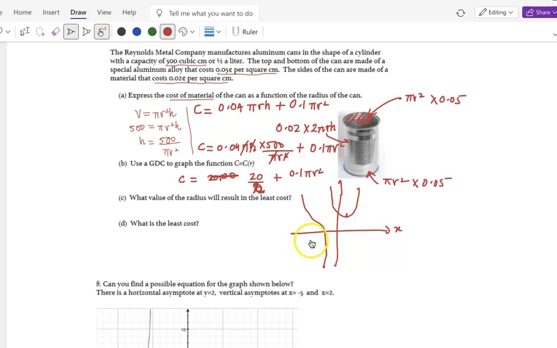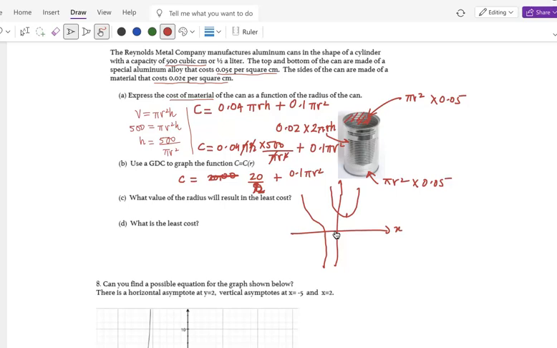Minimum. How do I do that again? You go to menu, analyze graph 6, minimum 2. You take the left lower bound, then the right. It can be negative, but here it's not negative.